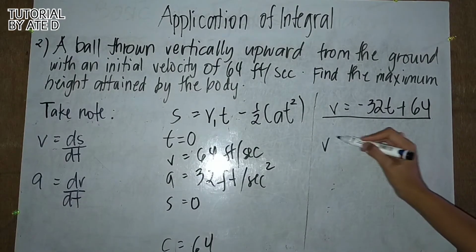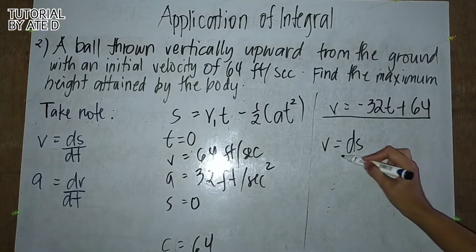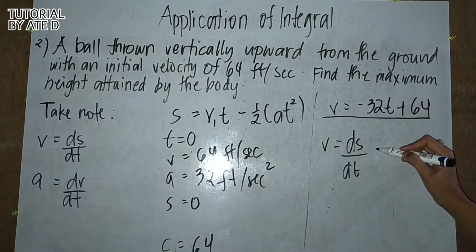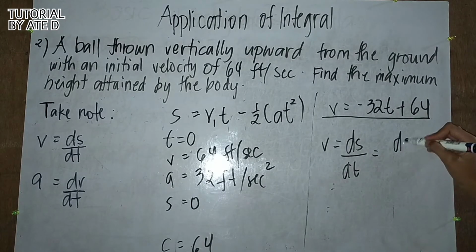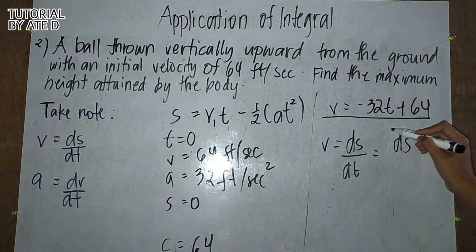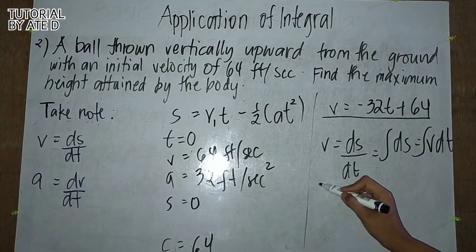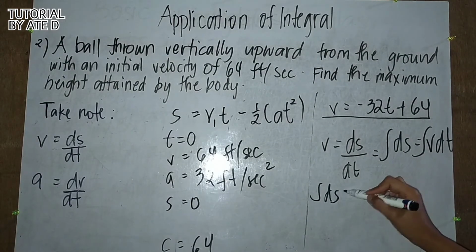So, velocity is equal to the derivative of position with respect to time. It will be equal to ds is equal to v dt. So, ito ngayon ang kukunan natin ng integral. So, it will be ds.